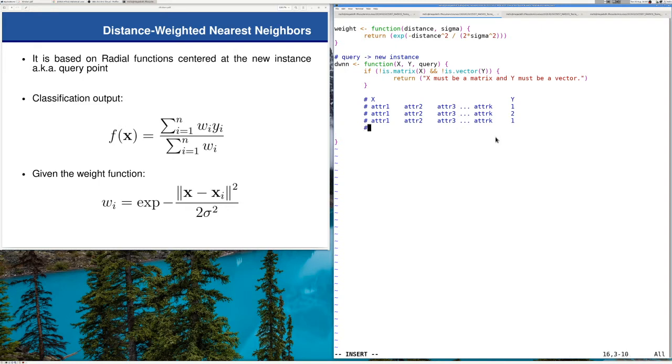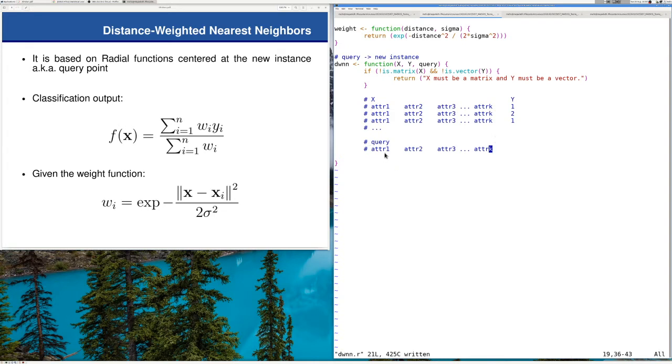And so on. What's my query? My query is going to be something like this. It's going to bring a bunch of attributes from 1 to k, and then I have to compute the distances.